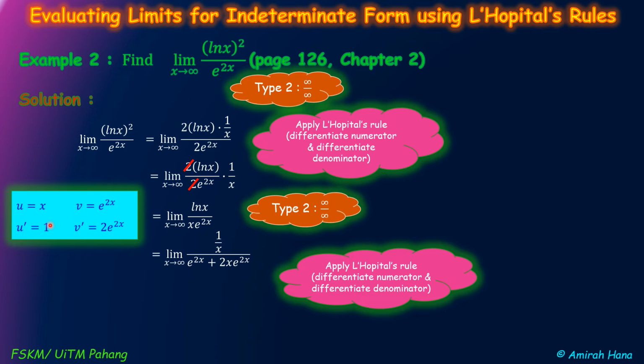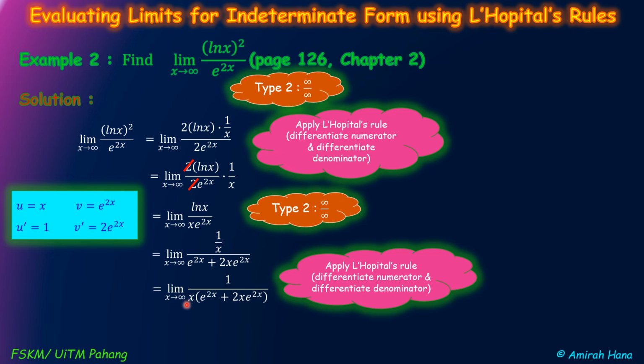So we multiply this and have e to the power of 2x, and then 2x e to the power of 2x. After that, we have a fraction in a fraction, so we can simplify. The x from the numerator and the x from the denominator in the numerator here, we can move down.